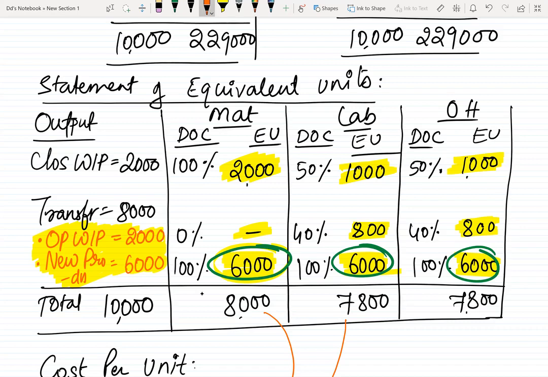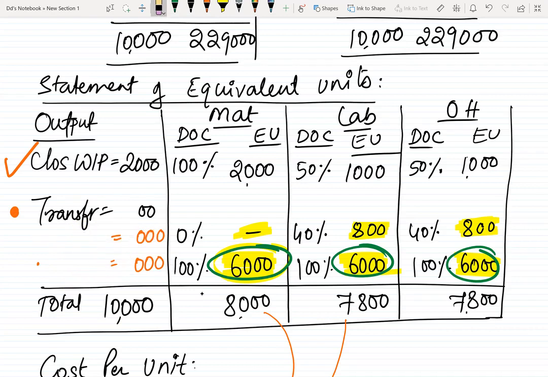Now start off with closing WIP. By the way, there will be no change in closing WIP, so you can copy this as it is. What is going to change is this part, transfer. Please listen to me. I will be erasing everything in the transfer part.